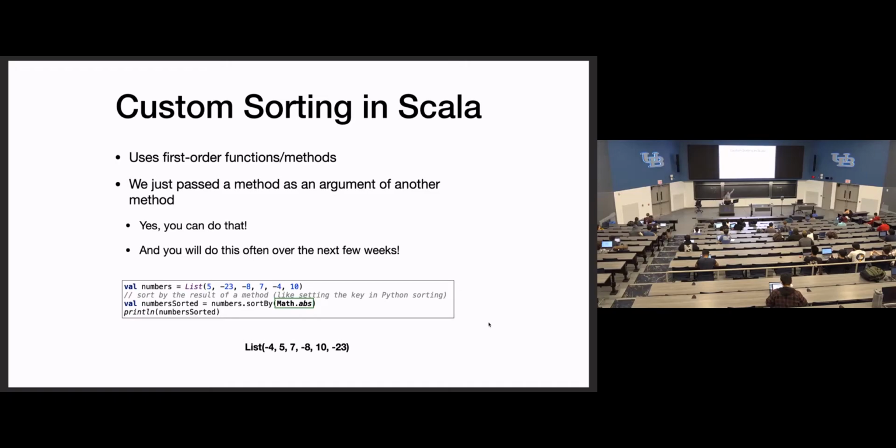We can use them as arguments, we can store them as variables, we can even have methods that return functions and use those functions as inputs to other methods. We can move functions around just like we can any other value, like an int or a list. That's the core of what we're going to talk about for the next few weeks.